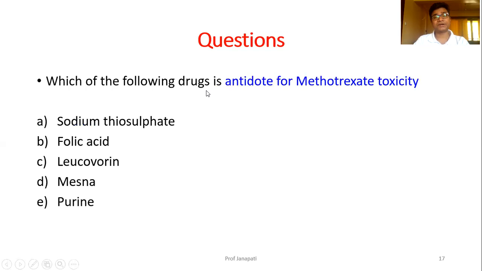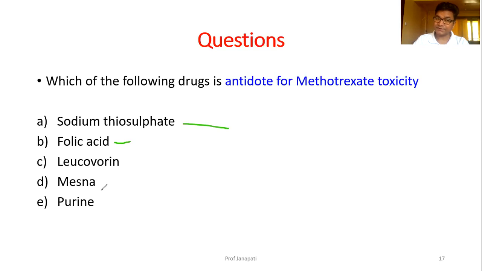Which of the following drugs is the antidote for methotrexate poisoning? Sodium thiosulfate is an antidote for cisplatin. Folic acid, not folinic acid. Another one is leucovorin. Another is mesna.